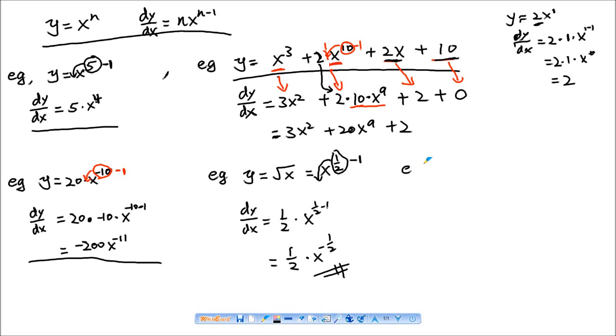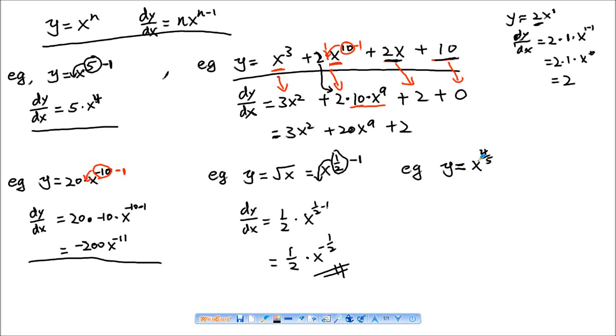Also, sometimes in the exam they will ask you to differentiate y equals x power of 4 on 5.